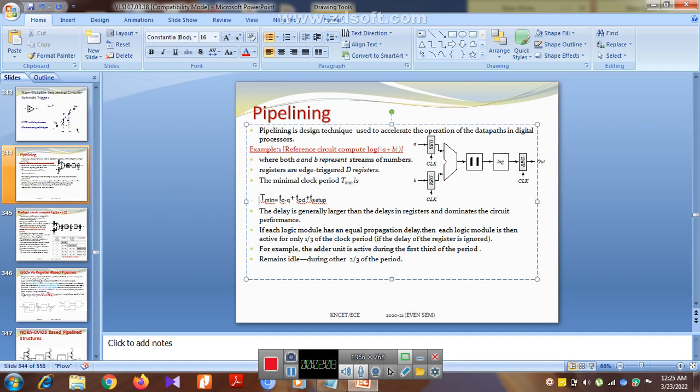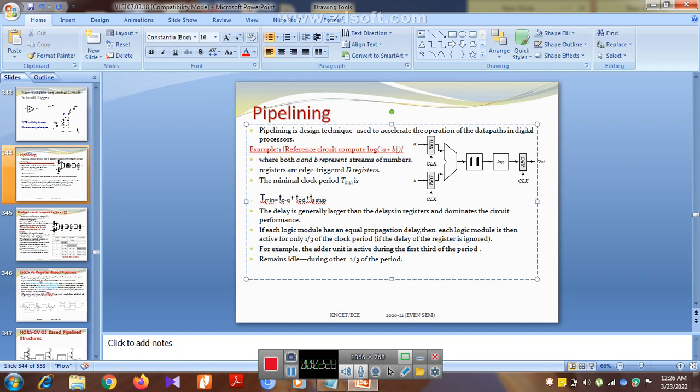The logic delay is generally larger than the delays in registers and dominates the circuit performance. Here they are telling that the logarithmic function is larger than the registers.